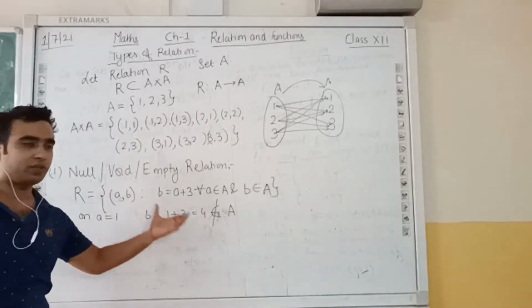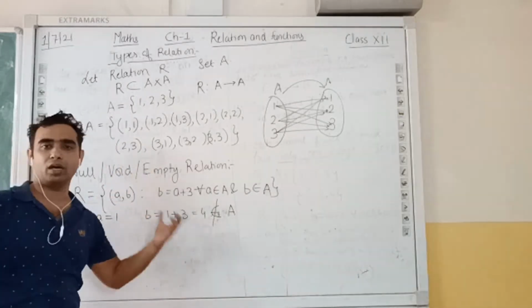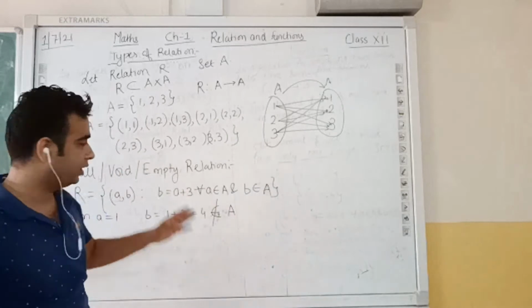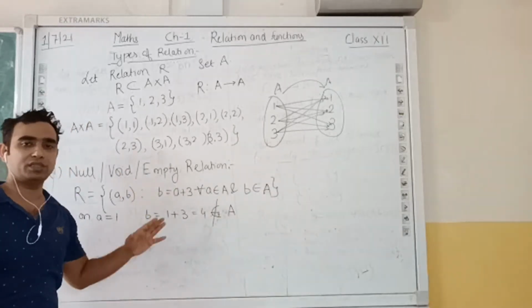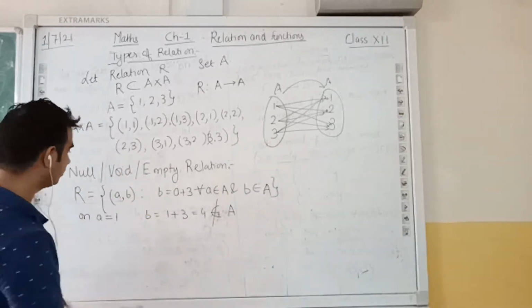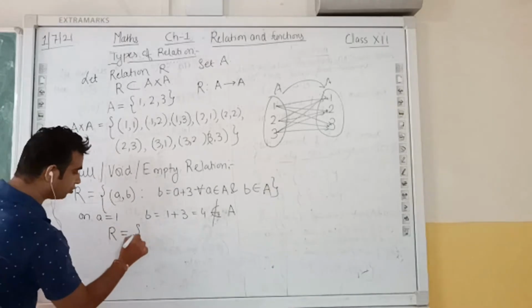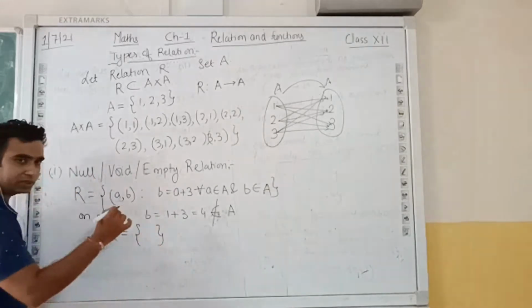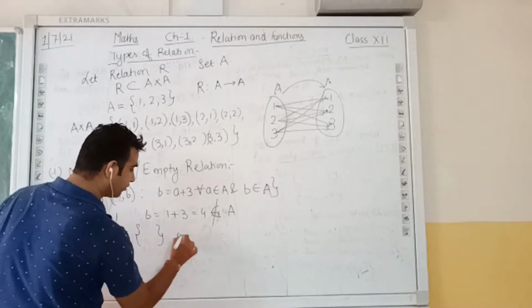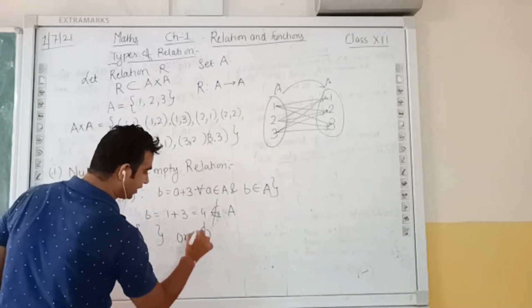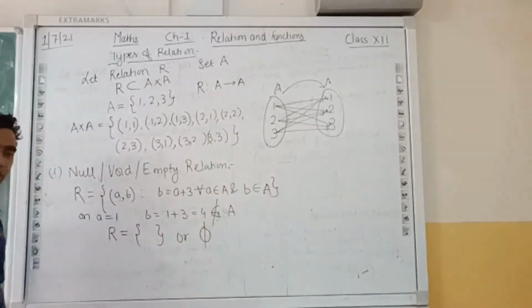So this kind of relation will not give us any ordered pair. It will give us an empty relation. We can denote this empty relation by R equals empty braces, or we can write this symbol, phi. This one is called phi.